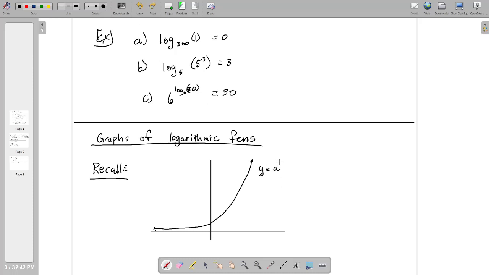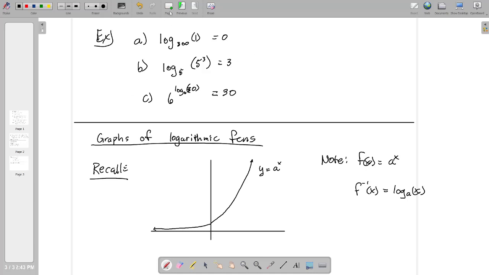Now this is important because, as I stated before, a logarithm is the inverse function of an exponential. So note, f of x equals a to the x means that f inverse of x is equal to log base a of x.